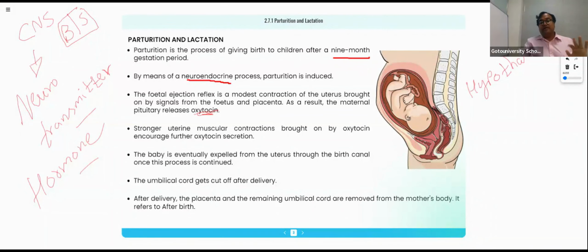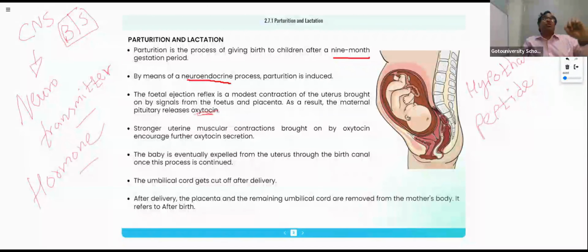Okay, so what is this oxytocin? Is it a steroid? No. Then what is it exactly? Peptide hormone. So this is the word you use for oxytocin. They will ask, okay, explain oxytocin.